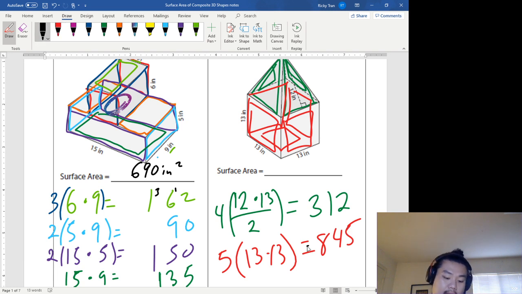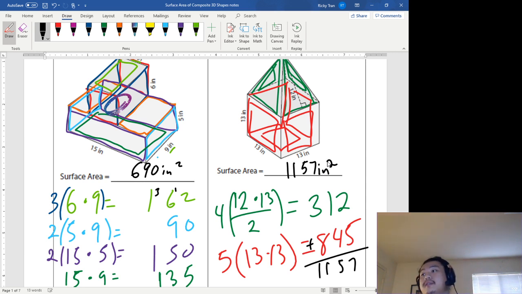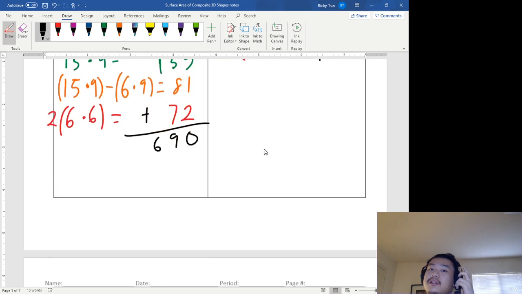And then we just add these together, 7, 5, and oops, that should be a 1. So 1,157 inches squared. Nice and easy. Not as complicated as this, but you have to understand the concept of what you're multiplying and how many you're multiplying it of. Okay, and then from there, it's just nice and simple.